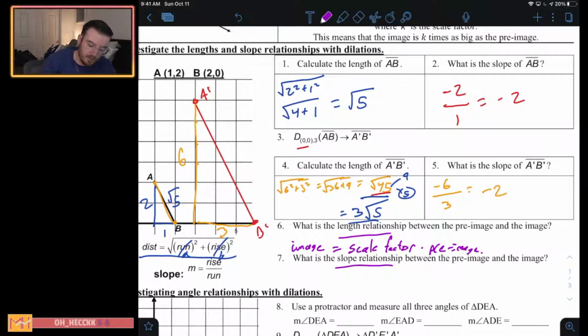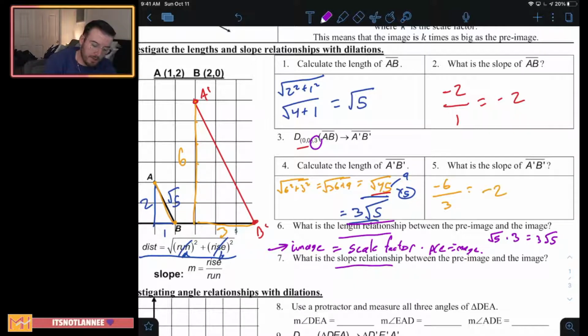We took our pre-image, which was root 5, and if you multiply it by 3, which is the scale factor, then you get our image, which we found to be 3 root 5. That's what I'm saying in words here. I didn't use numbers, I used words. Our image is equal to 3 times the pre-image, the scale factor.